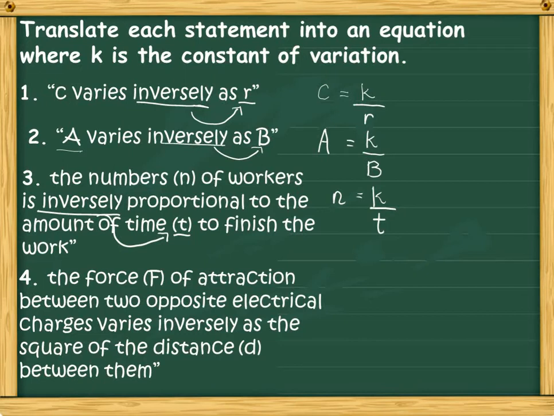So, ano ba yung unang variable na binanggit? That is F. So, isolate natin si F. F is equal to k. We have the word inversely, so magkakaroon tayo ng over. Sino ini-inverse niya? Yung pangalawang variable na binanggit, which is si d. But take note, si d ay naka-square. So, this is d squared. So, we have here F is equal to k over d squared.